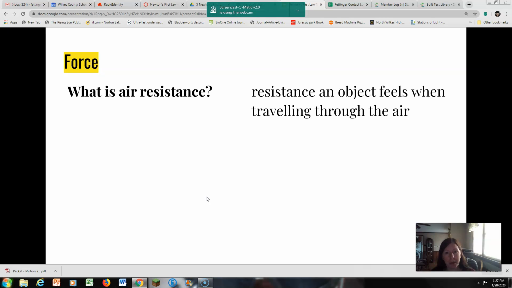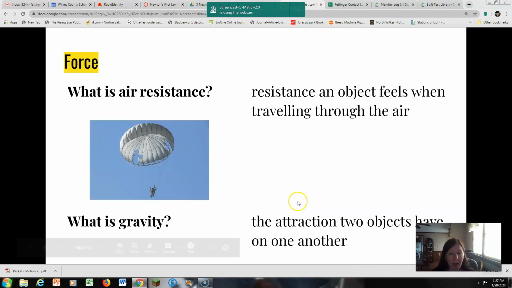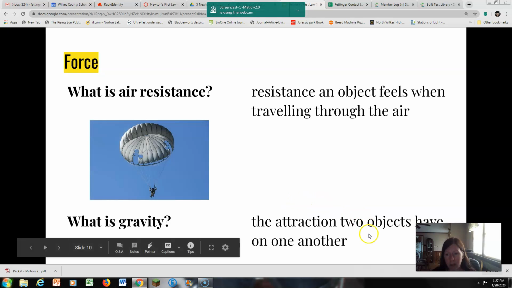That's why when people jump out of airplanes, before they put on their parachute, the air is really buffeting them as they fall. So air resistance will impact motion. Gravity is another thing that will impact motion, and gravity is the attraction that objects have to one another.